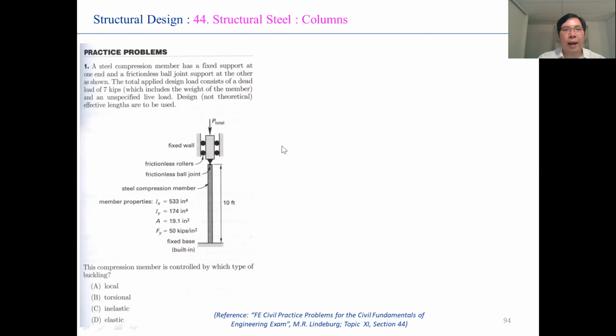The total applied design load consists of a dead load of 7 kips, which includes the weight of the member, and an unspecified live load. Design effective lengths are to be used, and they give you some properties of the column.